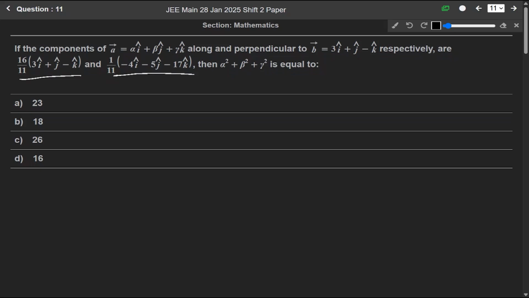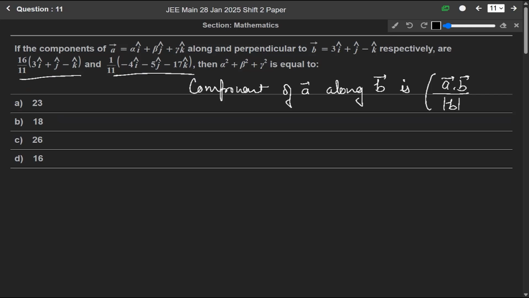So components of A along and perpendicular to B. So component of A along B is, let us say, A vector dot B vector over modulus of B vector into B vector. And we have to find the value of alpha square plus beta square plus gamma square.